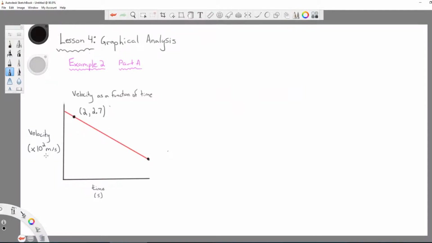So really that's going to be 270 meters per second, because we multiply by 10 to the 2. And down here, right at the end of the graph, I used another value, 40 seconds and 0.5 in the y value. So that works out to 50 meters per second.